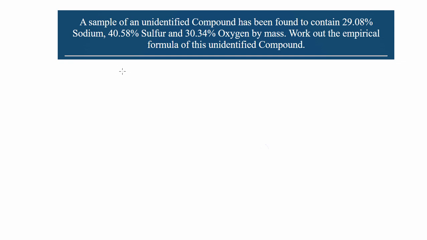I've got 29.08 plus 40.58 plus 30.34, right? Now, if you do have a go at working that out, what you should come up with is that it comes to 100, and in this case, we're dealing with percentages, so I would represent that as 100%, okay?